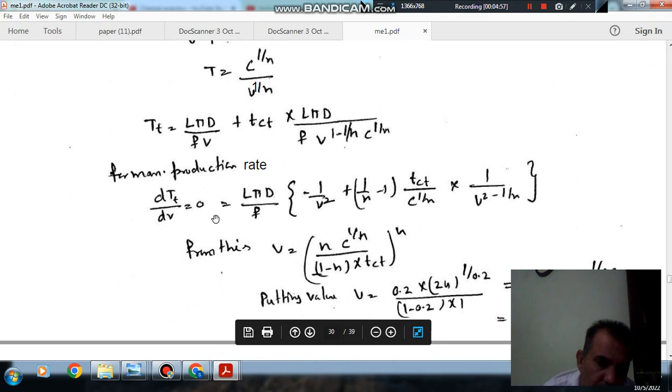So if we put it equal to 0, then V will be your n C^(1/n) divided by (1 - n) Tct, raised to the power n.